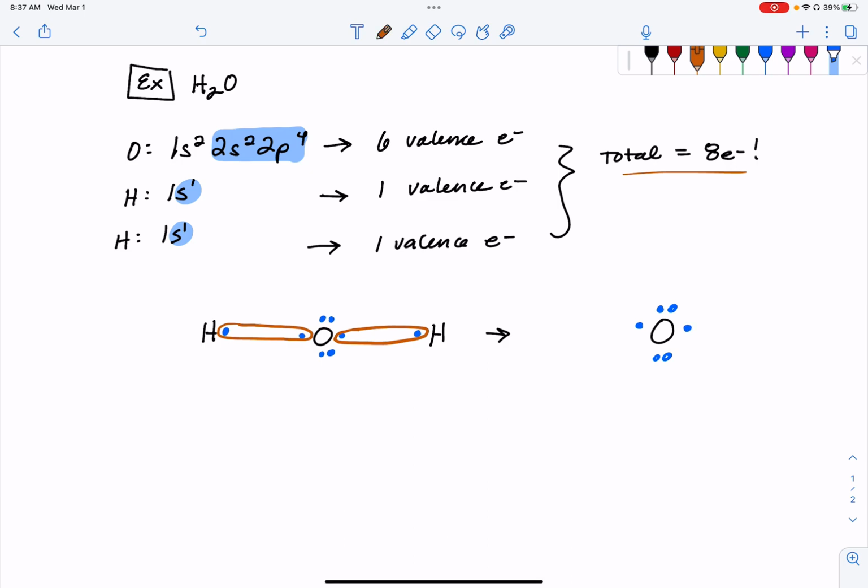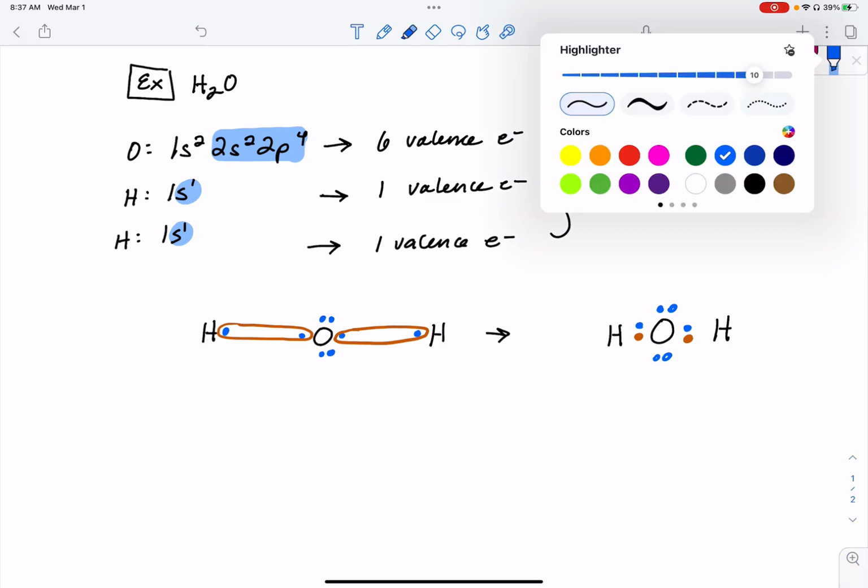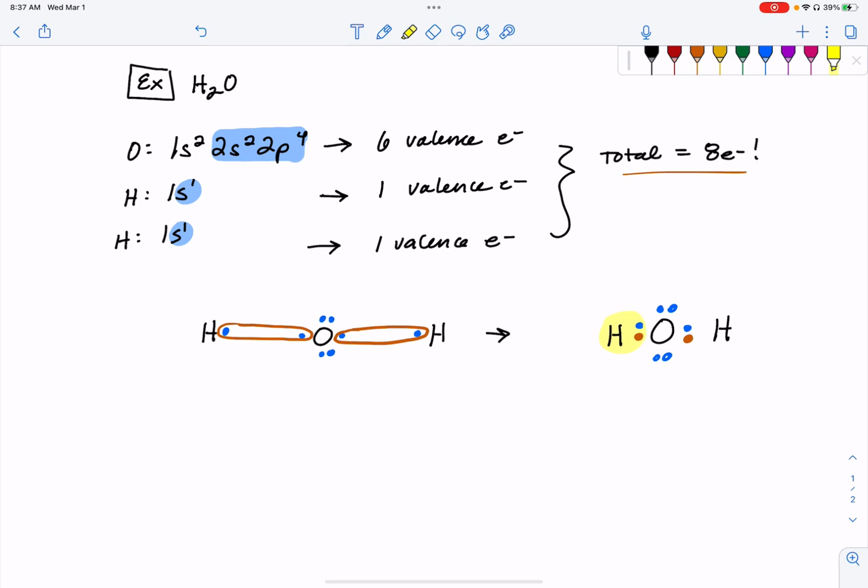So I would have oxygen and each of my hydrogens in this sharing of valence electrons, where if I were to count the valence electrons on my hydrogen on the left, we would see that that's 2 valence electrons. Hydrogen on the right, 2 valence electrons, so my hydrogen atoms have fulfilled their duet. And looking at the oxygen atom, that is 8 electrons.